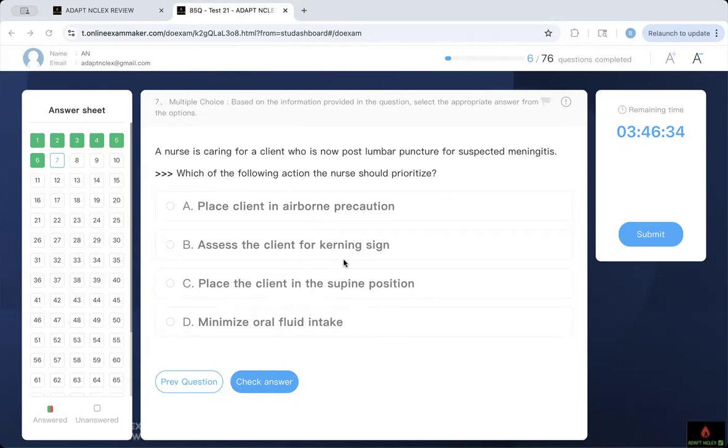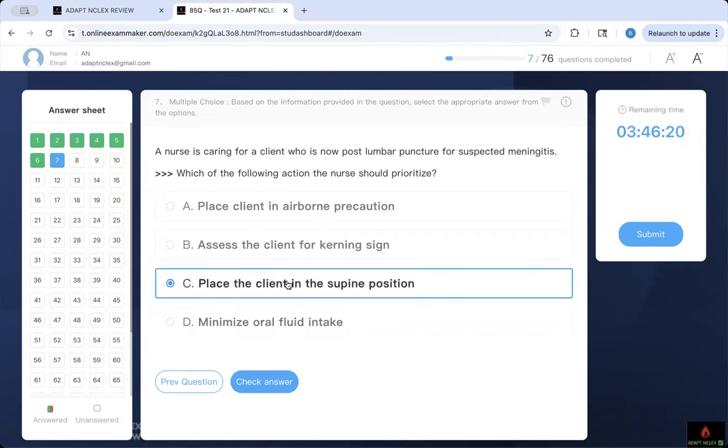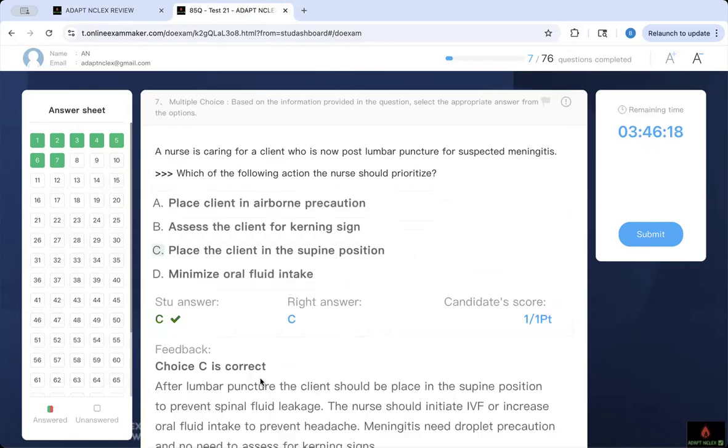You're losing the point. The question says, after lumbar puncture, I'm not assessing anymore about meningitis. I just want to prevent complication after lumbar puncture. Place the client in the supine position and then give them fluid. You should not minimize fluid.